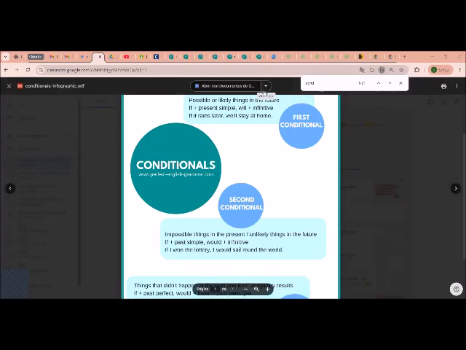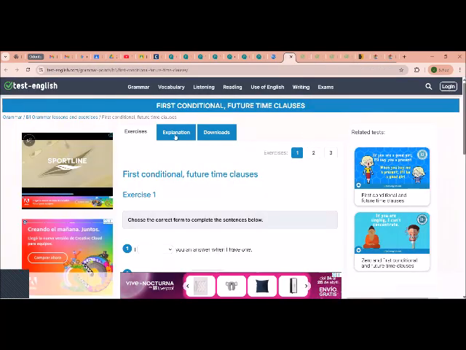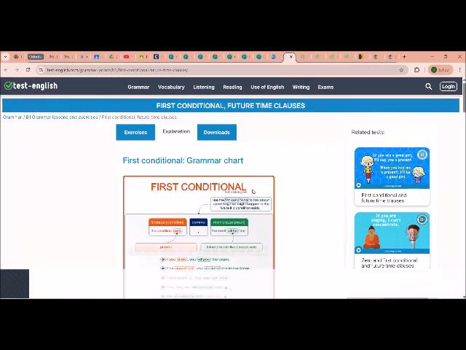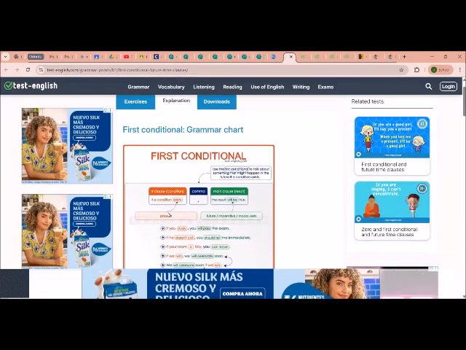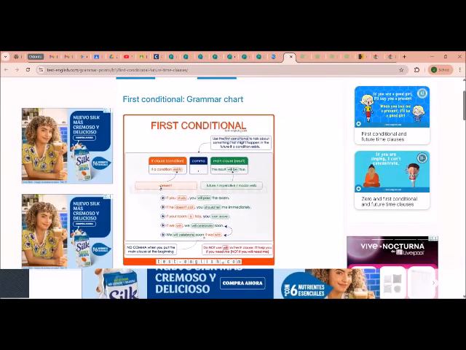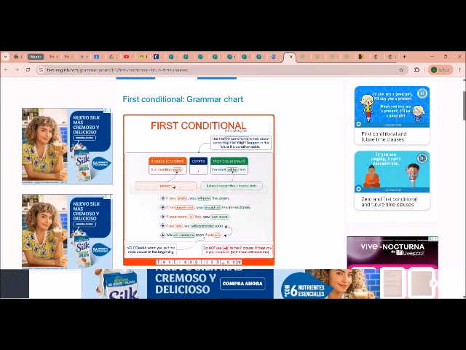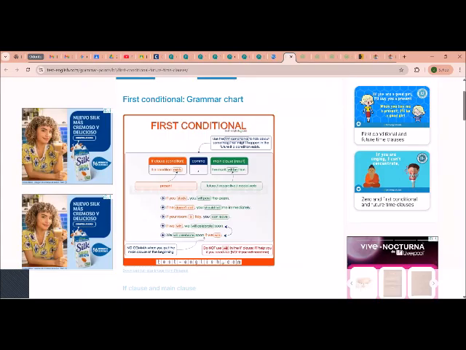Now, let's start, of course, with some of the likely stuff. With the first conditional, there are definite patterns. You have a conditional clause, and in that conditional clause, you have the present simple. If you're going to start off with the conditional clause, if and the present simple, you're going to separate that clause by using a comma.